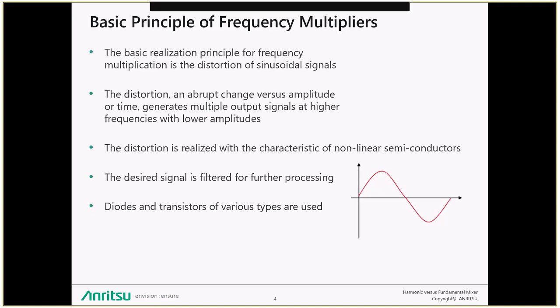This distortion is usually realized with the characteristic of nonlinear semiconductors. Can be diodes, can be transistors of different types, etc. Of course, with all these multiple frequencies that we are getting at the output, we only want one of them, so the desired signal will be filtered for further processing.